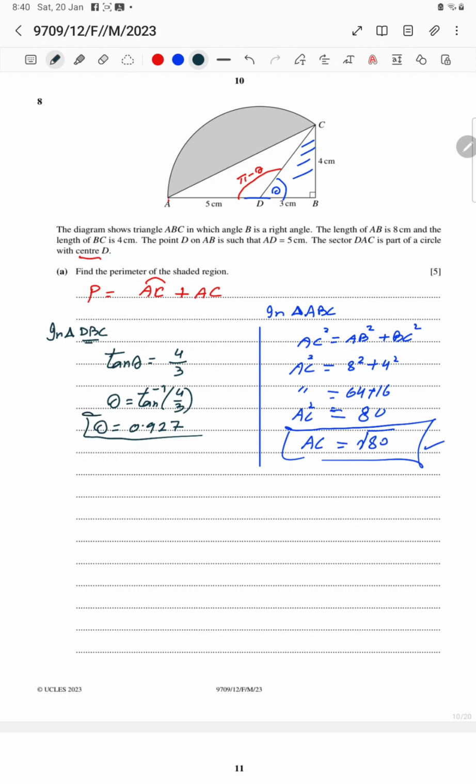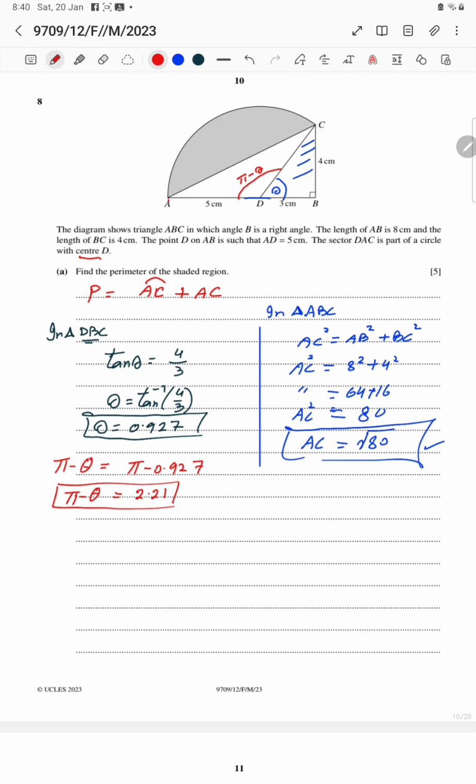We got this one. Therefore this angle which is required for the circular arc is pi minus 0.927, and with the calculator we will get pi minus theta equal to 2.21.